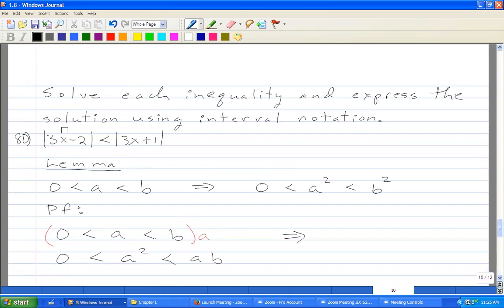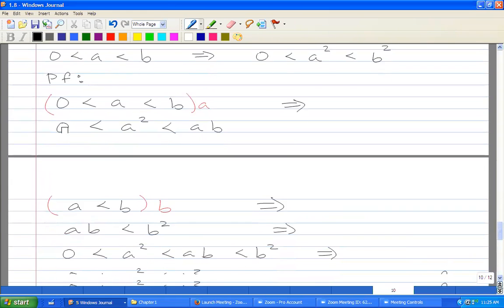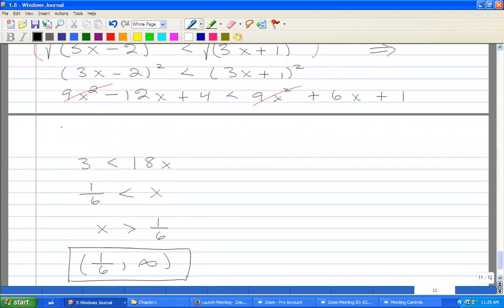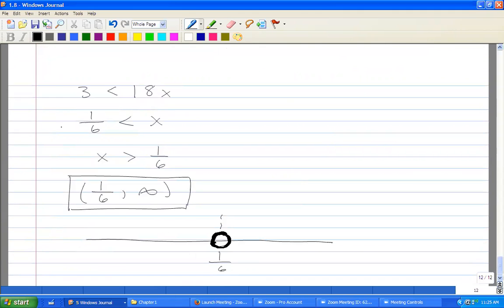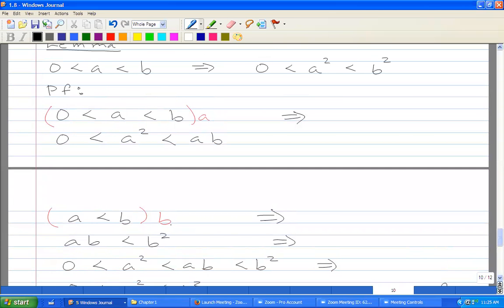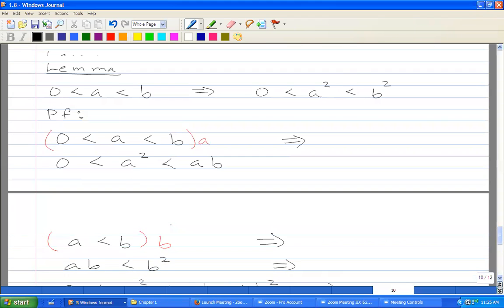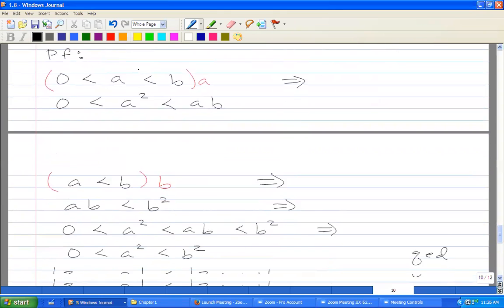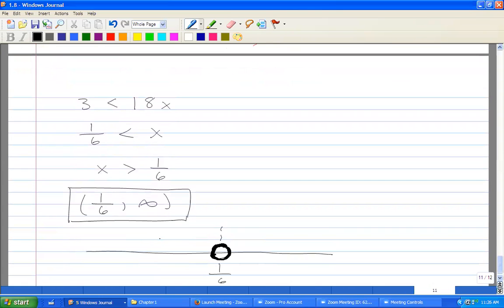Let's do 0 first. So let's go on this side. Let's look at 0. And so if I do that, 0 minus 2, absolute value, is 2. 2 is less than 1. So this is false. So on this side, this is a false statement.